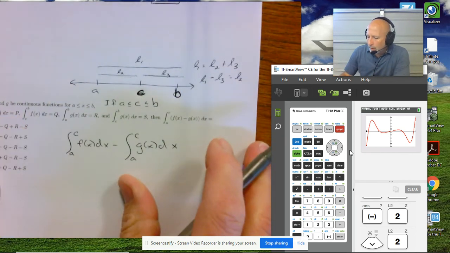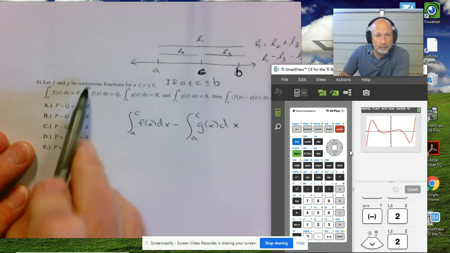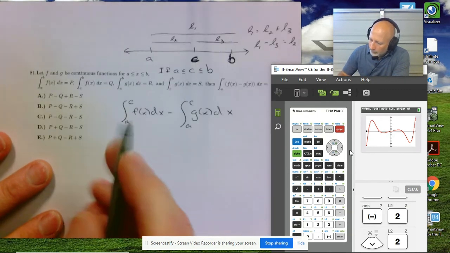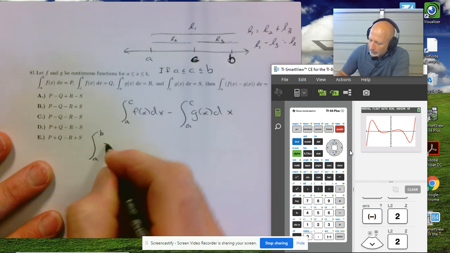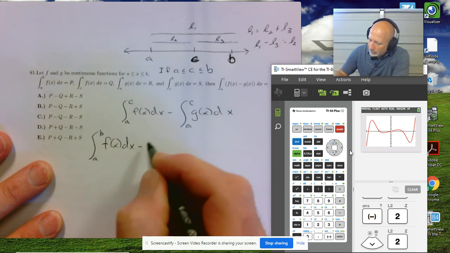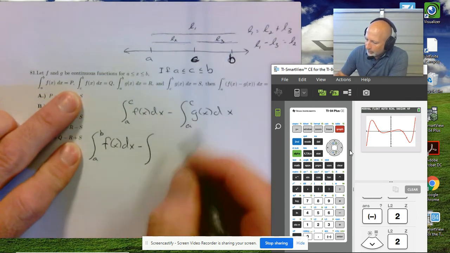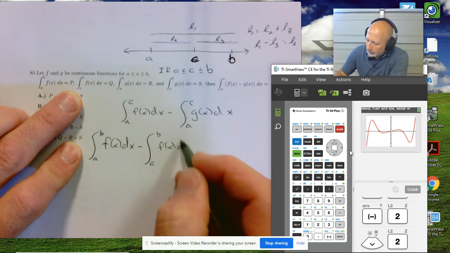So what do I need to do? I need to take all of AB and subtract away CB. So this right here is the integral from A to B of f of x dx minus the integral from C to B of f of x dx.